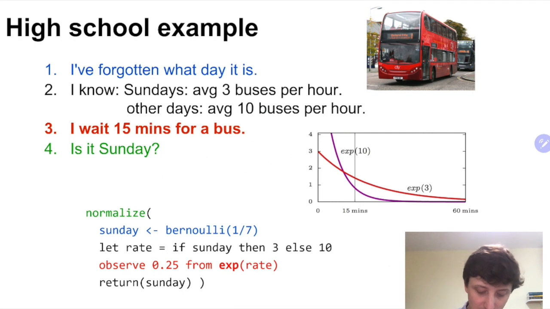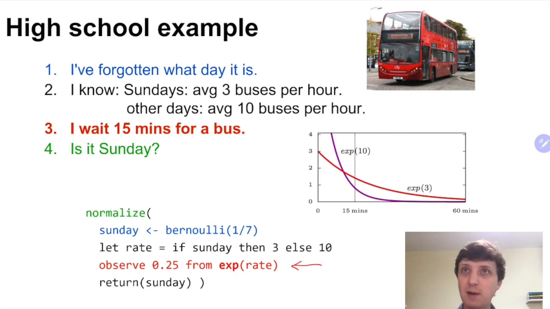Okay, so I've changed the line here in the program where I recorded the observation to now say I record it from the exponential distribution instead of from the Poisson distribution. Well, now we can no longer do rejection sampling because the probability of actually getting a 15-minute gap is 0.